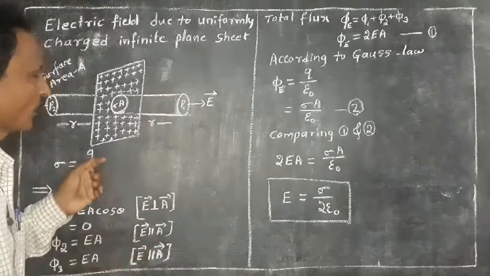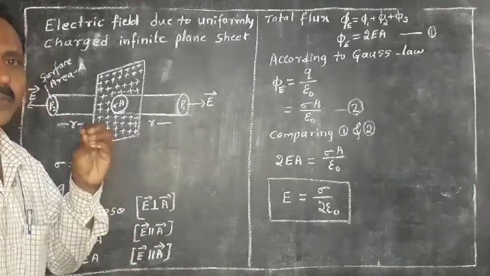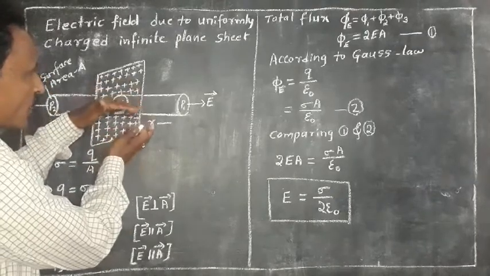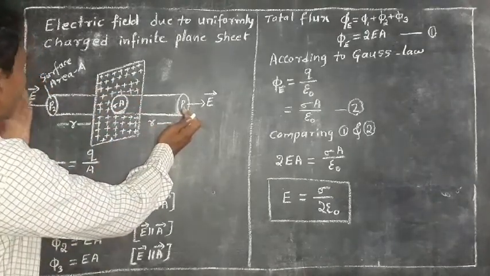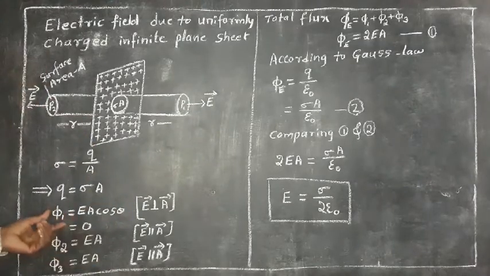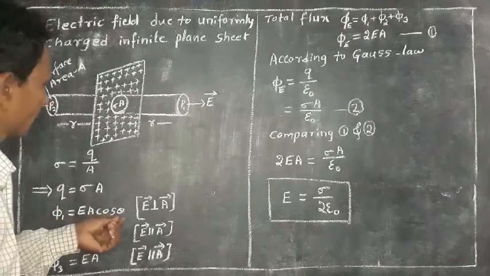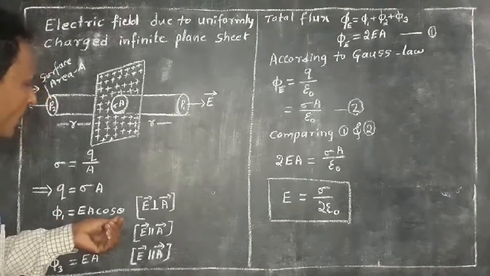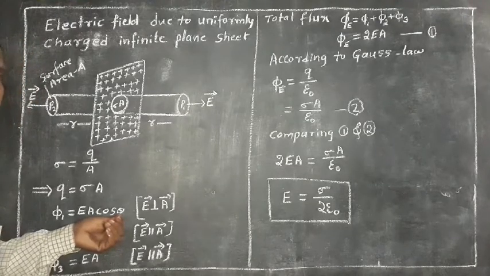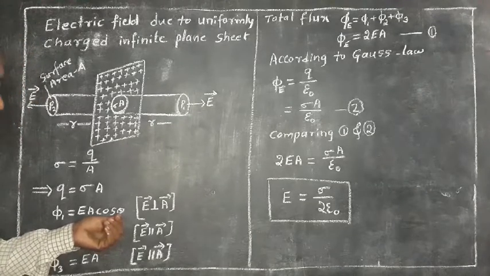If phi1, phi2 and phi3 are the flux through the curved surface and two plane surfaces, then phi1 is equal to EA cos theta, where theta is the angle between field vector and area vector.